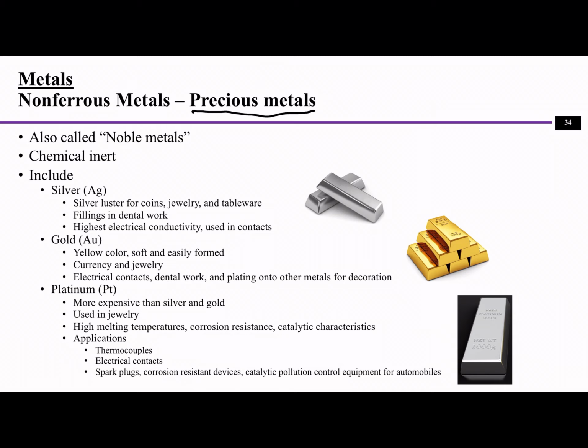So that's why they're very stable and inert, and because they're limited in amount and also aesthetically good-looking, they've been used a lot in the jewelry industry. There's silver, gold, and platinum, which also can be used in some dental work, as implants.